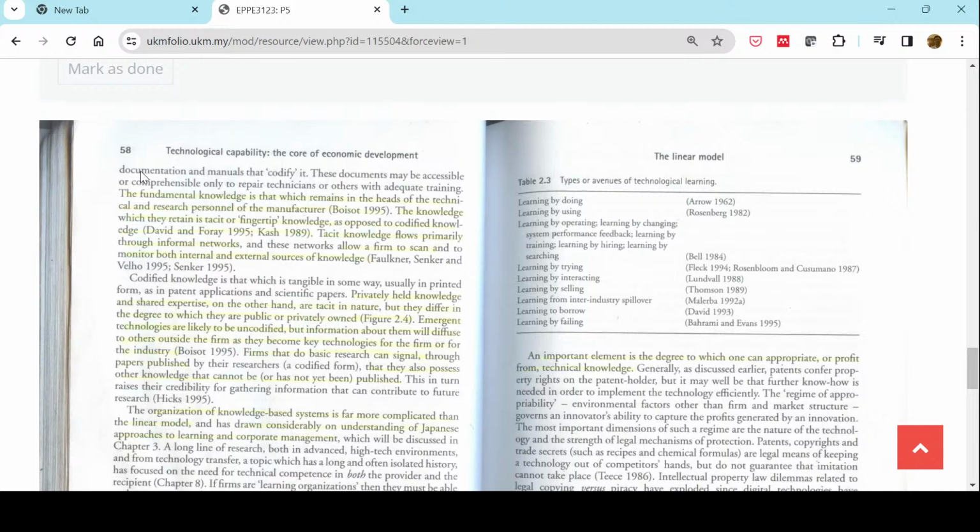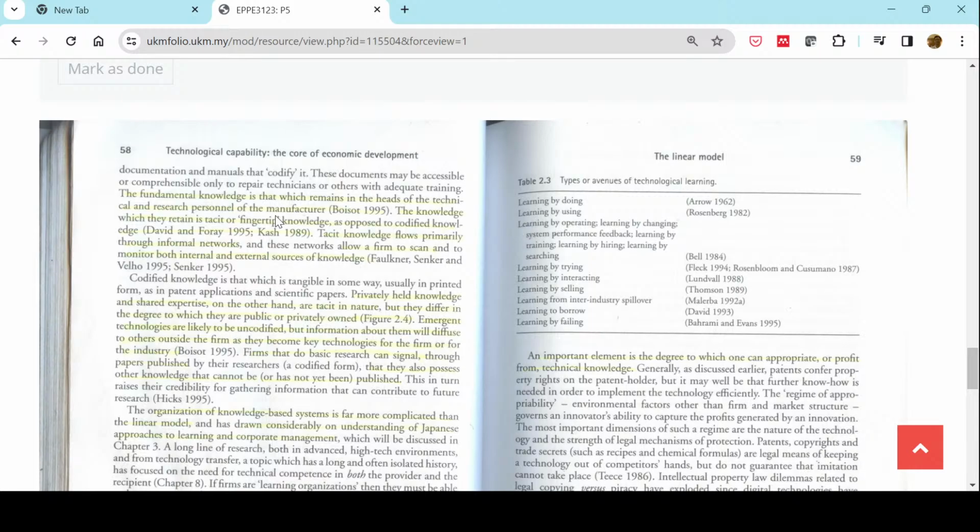The fundamental knowledge is that which remains in the heads of the technical and research personnel of the manufacturer, of the enterprise, just like Steve Jobs, Bill Gates.